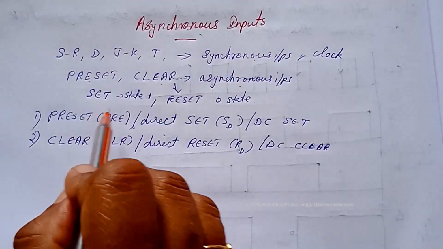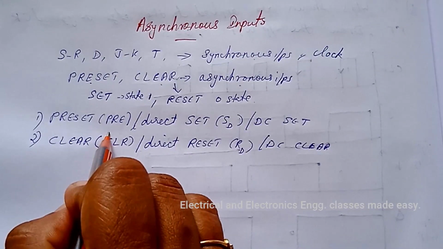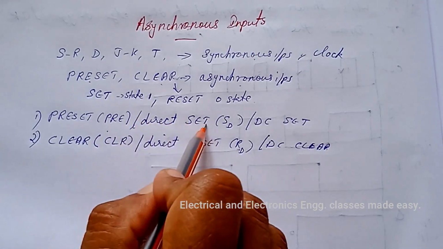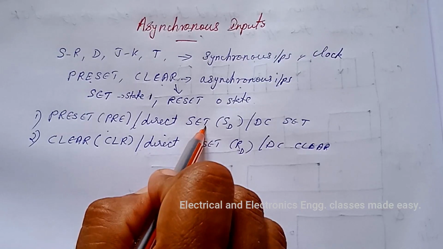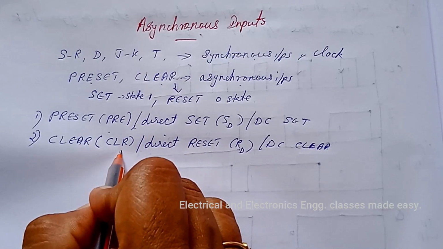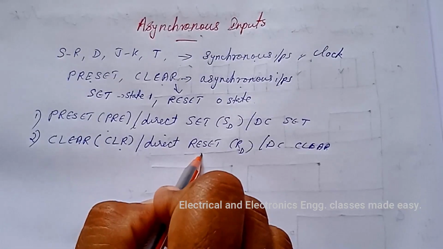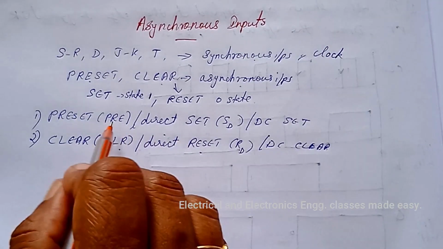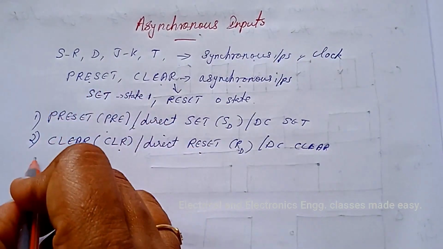So an active level on the preset input will set the flip-flop, and an active level on the clear input will reset it. So that is in the case of active high.